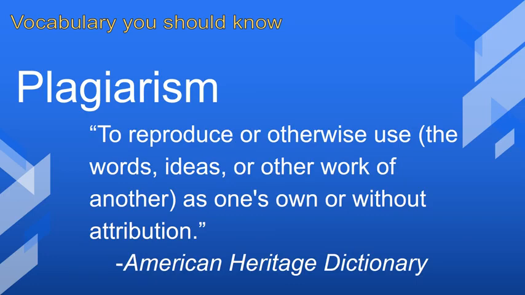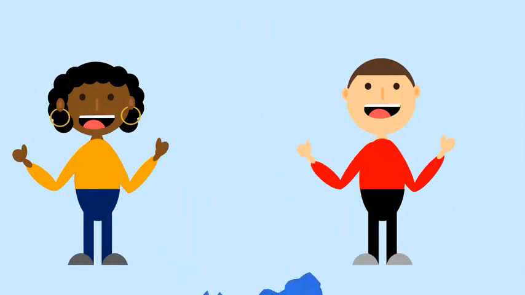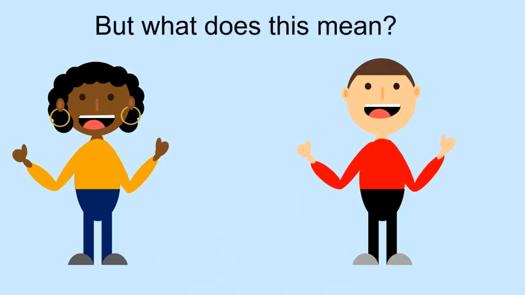If you look up plagiarism in the American Heritage Dictionary, you find the following definition: to reproduce or otherwise use the words, ideas, or other work of another as one's own or without attribution. But what does this mean?